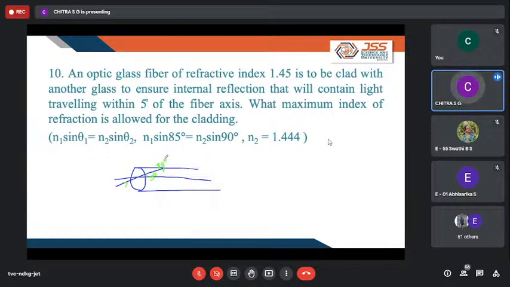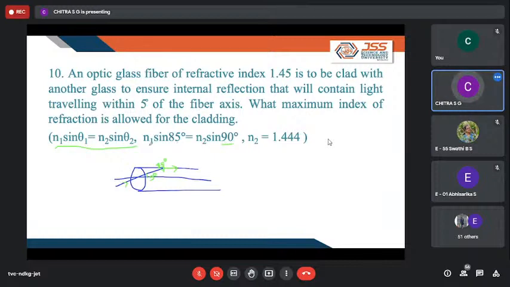So now we are applying Snell's law. So n1 sine theta 1 is equal to n2 sine theta 2. So put sine theta 1 as 85 degree. For the limiting case, theta 2 will be equal to 90 degree. It grazes along the core cladding interface. So theta 2 is 90 degree.